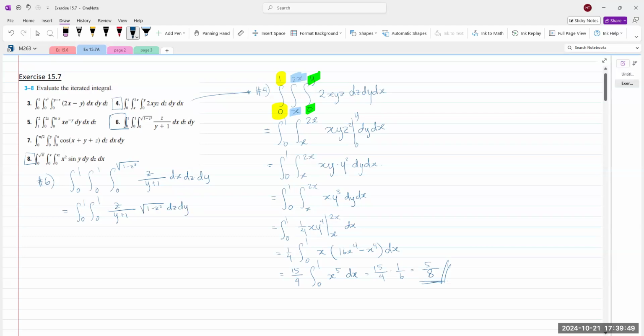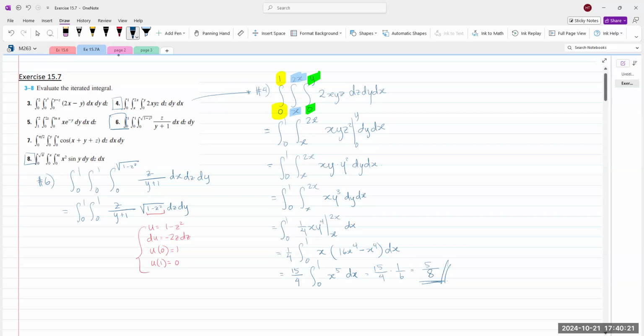Okay, and then I think I will do u substitution. So u equals 1 minus z squared, du equals negative 2z dz. For z equals 0, u is 1. For z equals 1, u is 0.